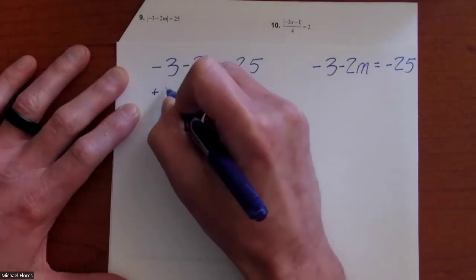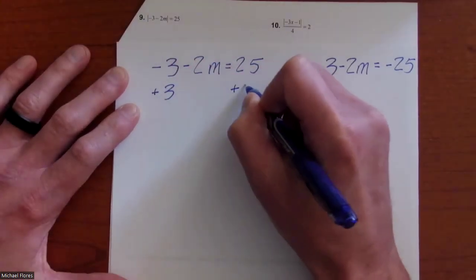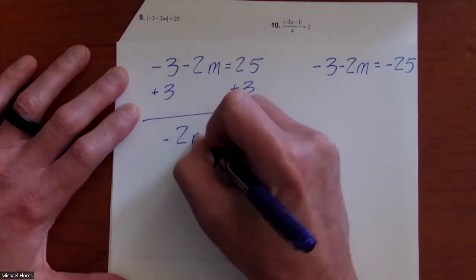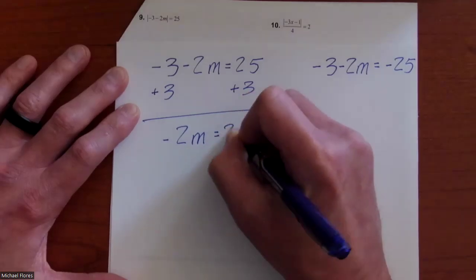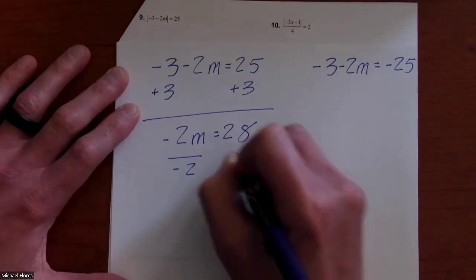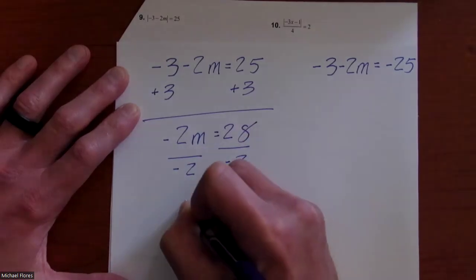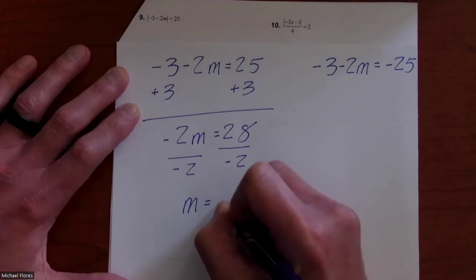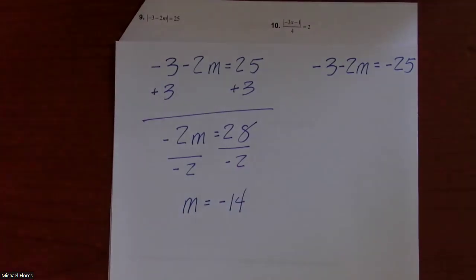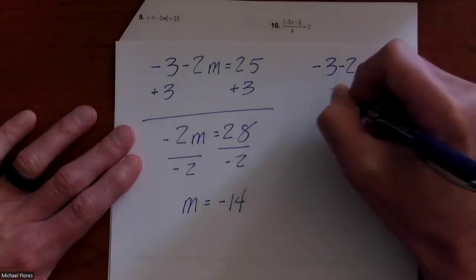How about we add 3 first? Divide away the negative 2. M equals negative 14. Let's start working on the other one here.